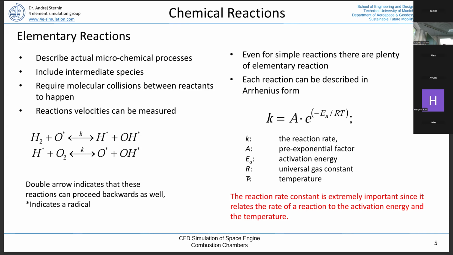The star pops up quite often, which indicates that we have a radical. A radical is something we need to generate in order to get a chemical reaction going, and typically we generate radicals by collision of molecules. I don't like the word collision, because it sounds like molecules are colliding and touching. We would need some hadron collider like CERN with very, very high energies for that.